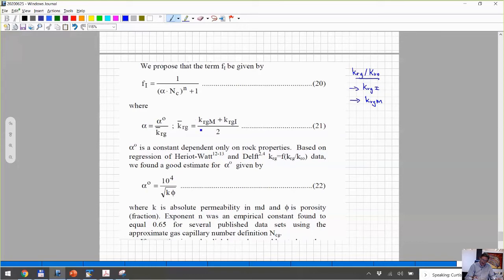Then that gives you this KRG average, and then that gives you alpha, which is equal to alpha naught over KRG average, and alpha naught you can estimate from this 10 to the 4th over square root of KP. That'll vary for each rock.